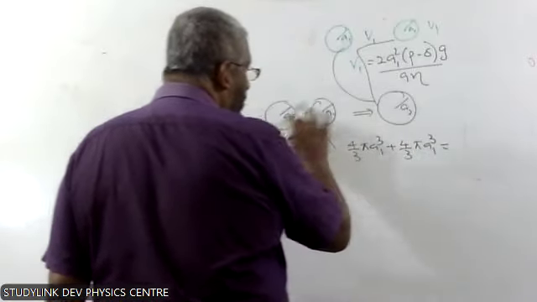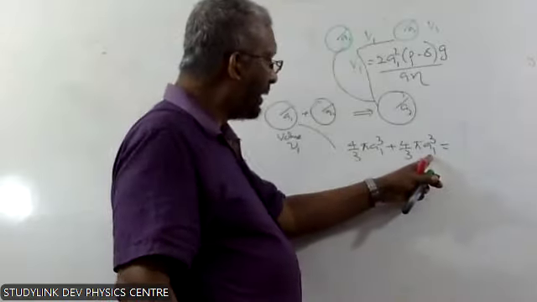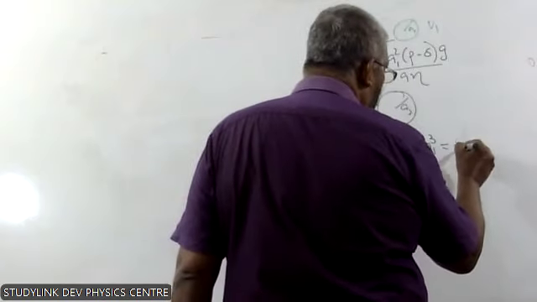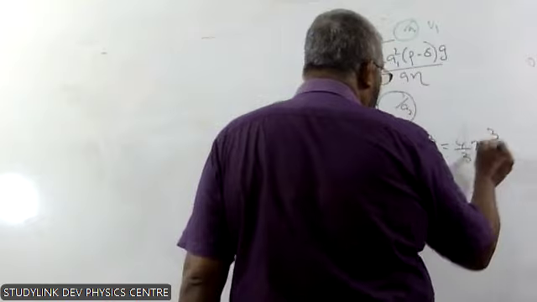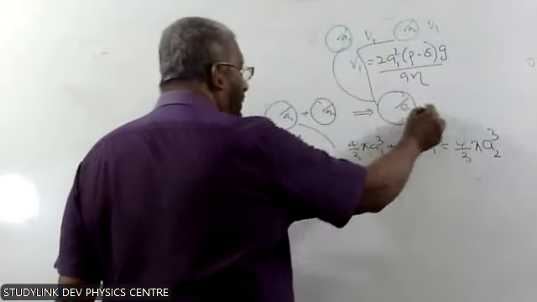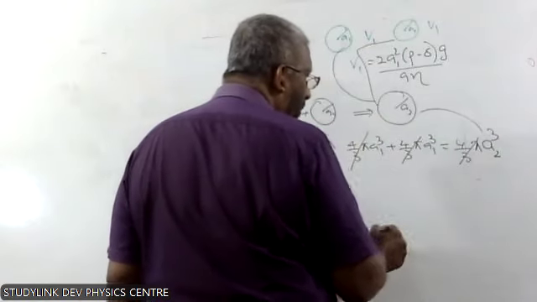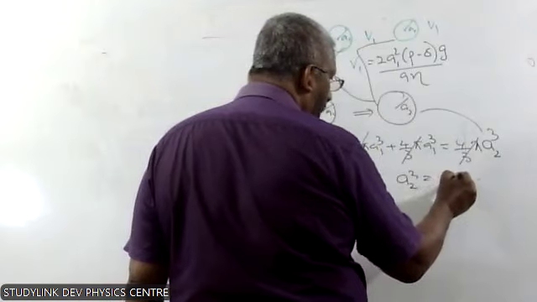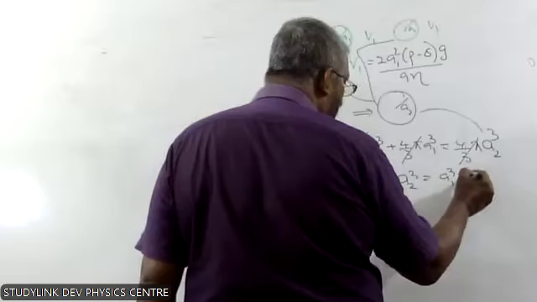If the two drops have different values, take the second one accordingly. This is equal to 4 by 3 pi A2 cube, which is the new radius. The 4 by 3 pi cancels off. Then A2 cube is equal to A1 cube plus A1 cube.